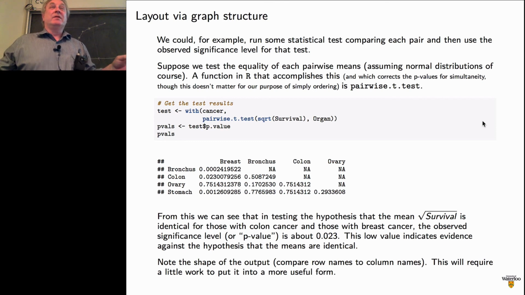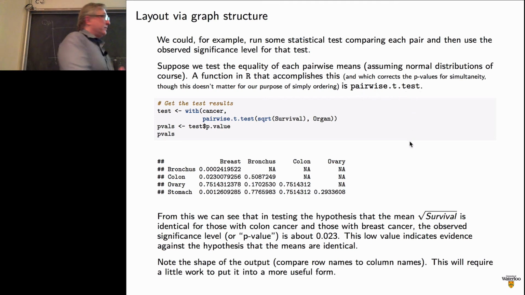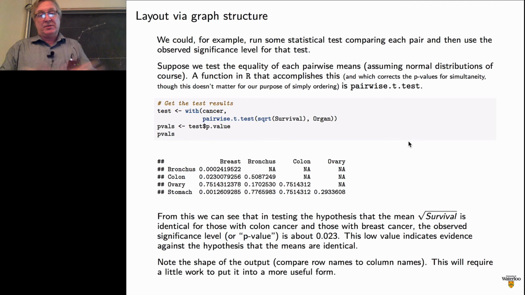Okay? So there's a test in R that will accomplish that for you called the pairwise t-test. It has the virtue of not just doing all pairs, but also making some adjustment to the significance level, the p-value, to take into account that you're doing multiple tests, doing lots and lots of tests, right? To try and make that p-value a little more honest.